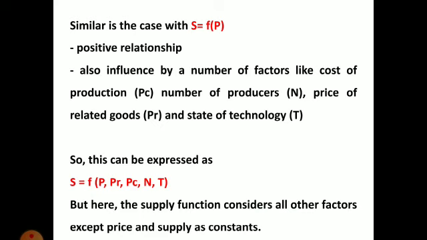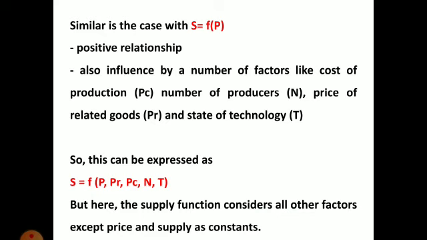Just look into the functional relationship, which can be expressed as S is equal to F of P, PR, PC, N, T. P is the price, PR is the price of related goods, PC is the cost of production, N is the number of producers, T is the state of technology.